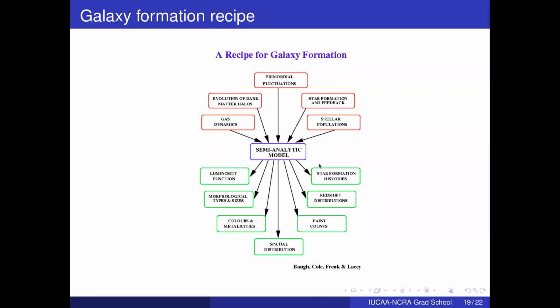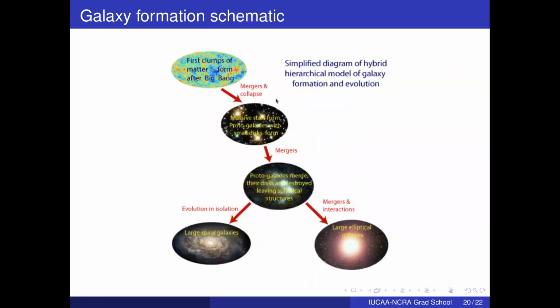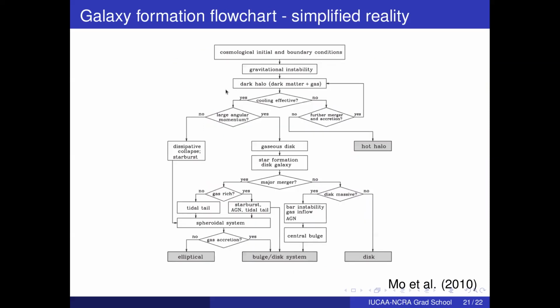Nowadays, they've tried to replace the semi-analytic model with full hydrodynamic simulations, so you don't have to worry about it. Probably one can skip this. Let's go straight to the flowchart.